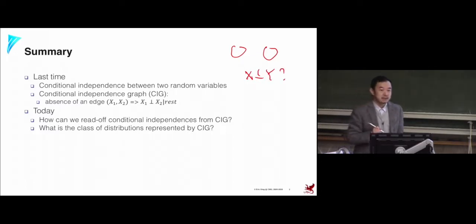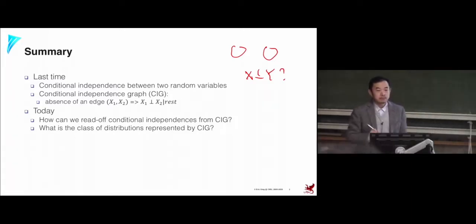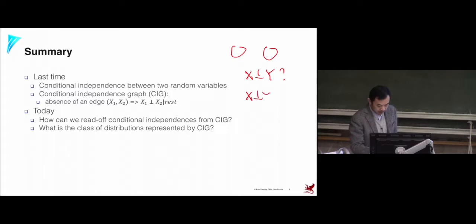And based on that, we can draw a node or draw an edge. And then we also went on and said, well, after all, in the real world, you have more than two random variables to worry about. You are operating in a multivariate environment. Therefore, at least I need to care about X and Y, given a bunch of others. Right? So what technique do we use to test that kind of independencies?